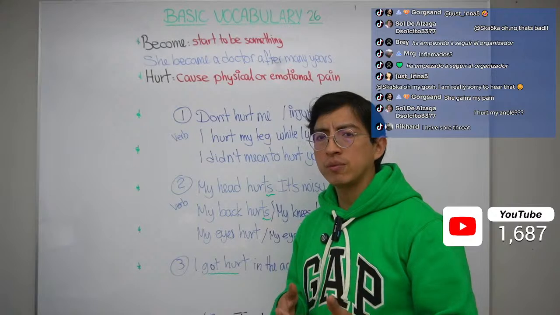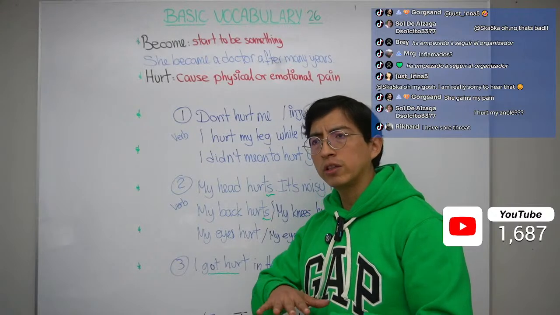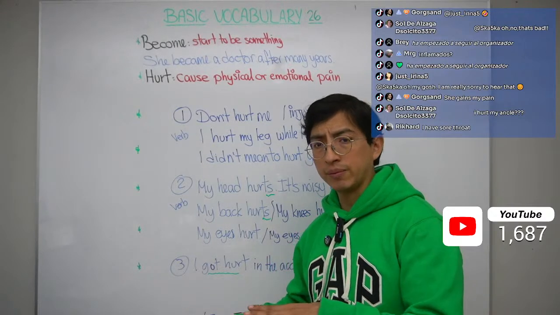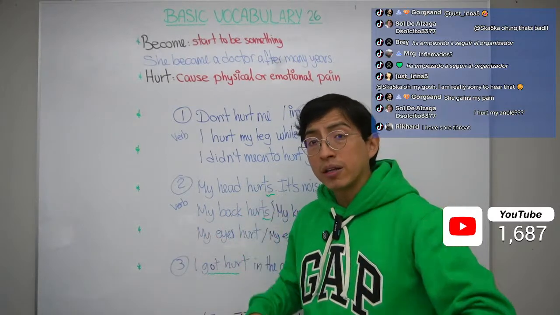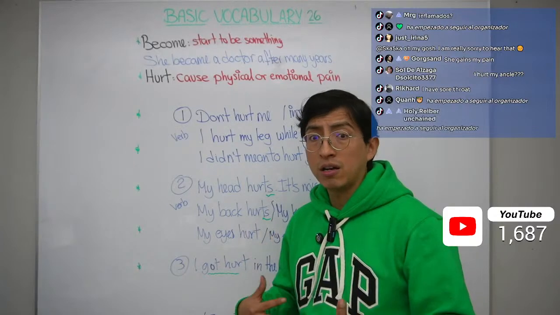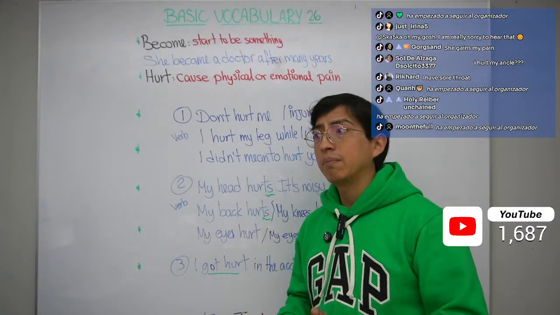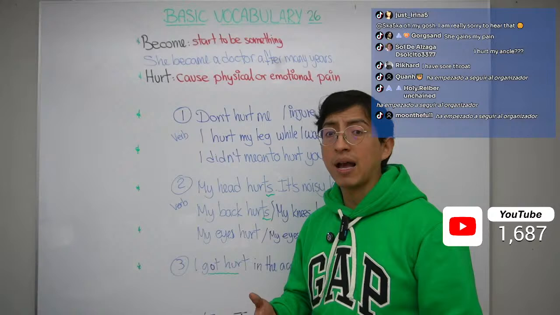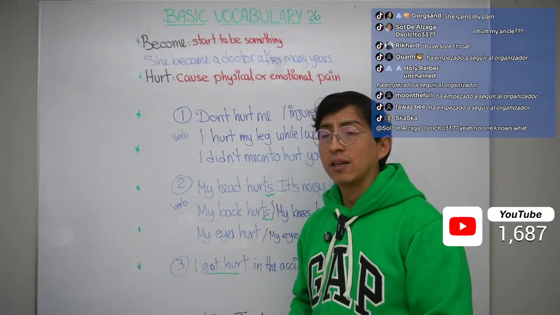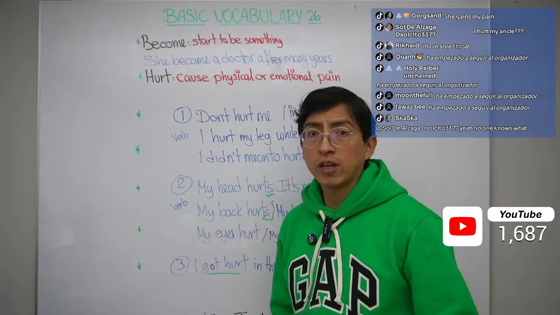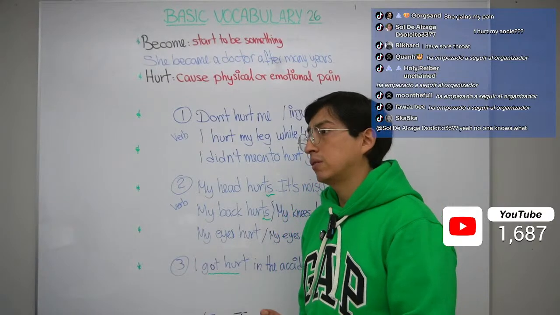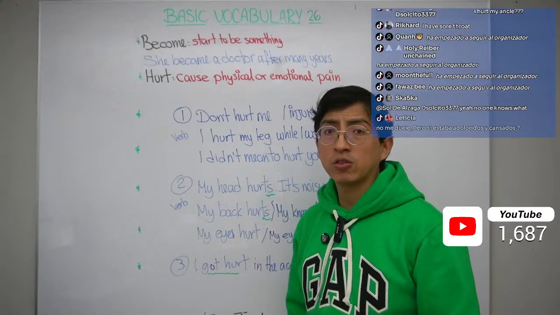I've spent all day at the gym, so I've exercised a lot. My muscles are sore. Why? Because I've used them a lot. Mi cuerpo está dolorido, mis músculos están adoloridos porque me estuve haciendo el gimnasio todo el día.